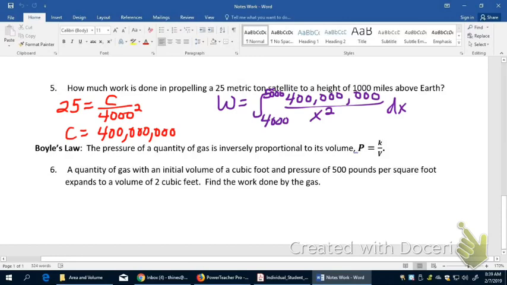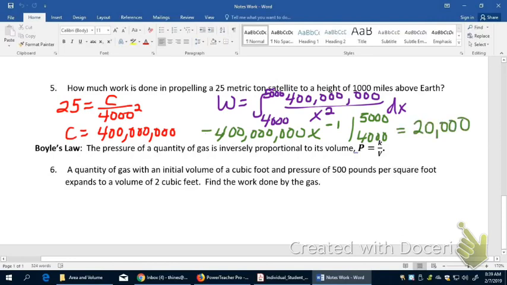Find the antiderivative the same way. So x to the negative 2, if you add 1, divide by it, you get negative 400 million x to the negative 1, and then evaluate from 4,000 to 5,000. Then you should get 20,000. Our units are miles, and weight is tons, so miles, tons.